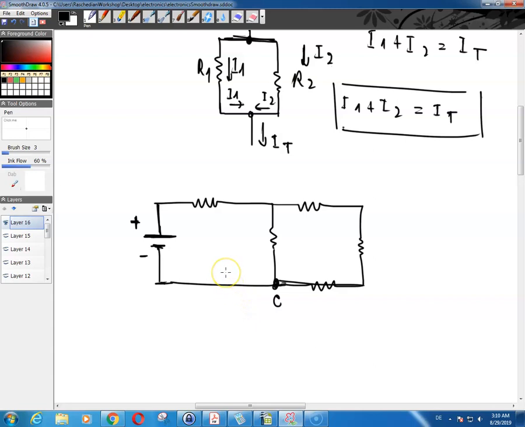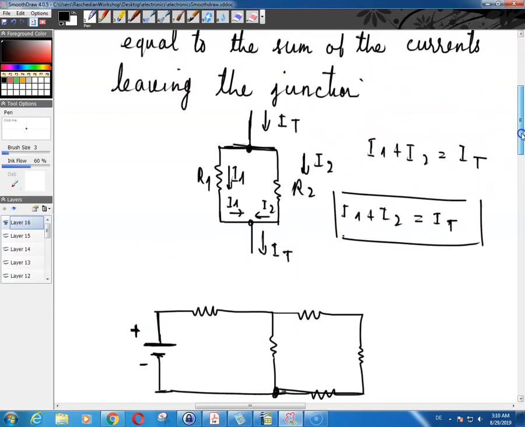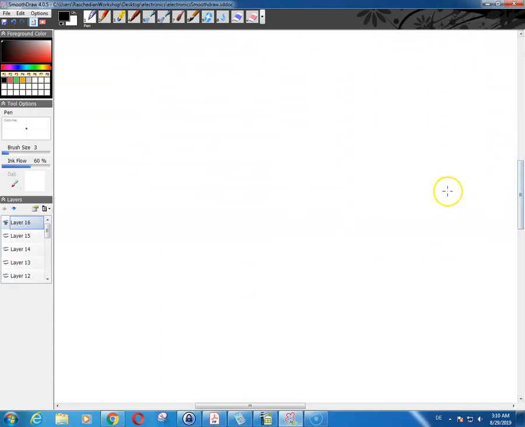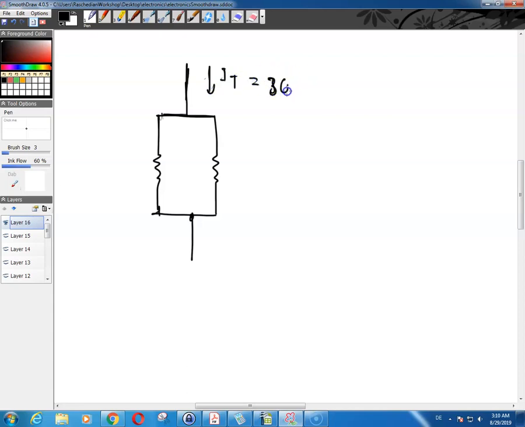Now we need to go back to the voltage divider circuit that we had in the previous example. We had this resistor over here and another resistor over here, and I of t coming in was 30 milliamps.